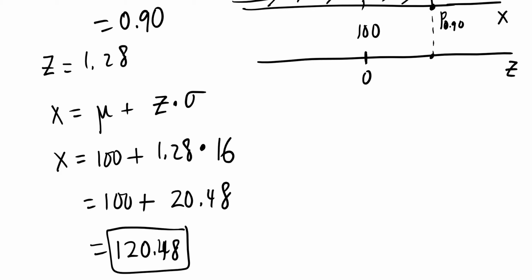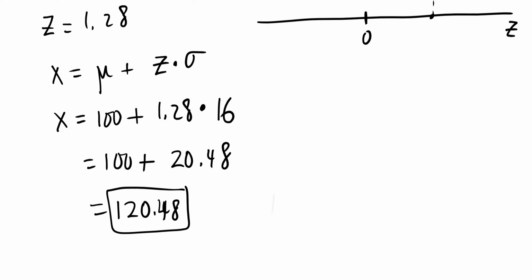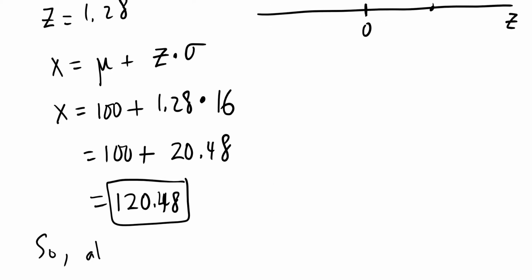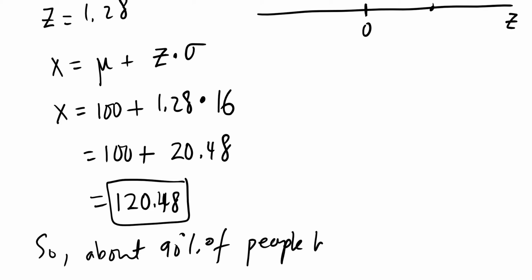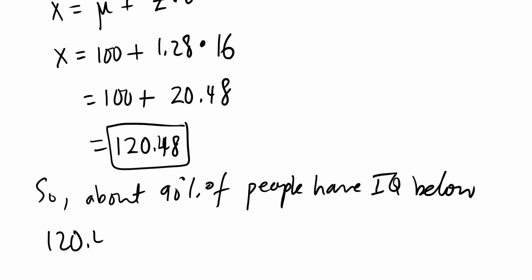So the 90th percentile for the IQs is about 120.48. This means about 90% of people have an IQ below 120.48. That's what it means.